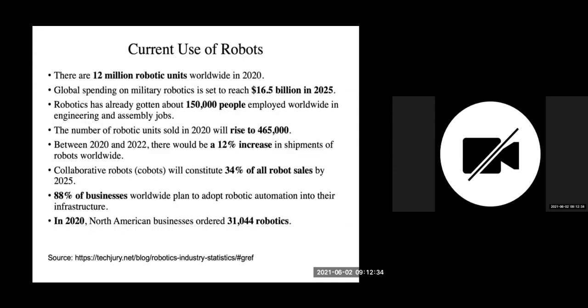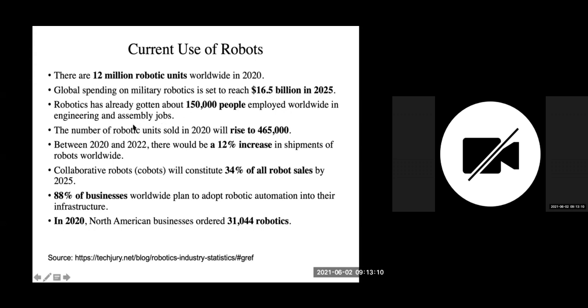Okay, so this chart shows the basic market right now for robotics. I got this data from the following web page, where you can check all the other numbers. I just listed a few numbers I feel are really interesting to share. There are currently about 12 million robotic units worldwide in 2020, and global spending on military robotics is set to reach 16.5 billion in 2025.